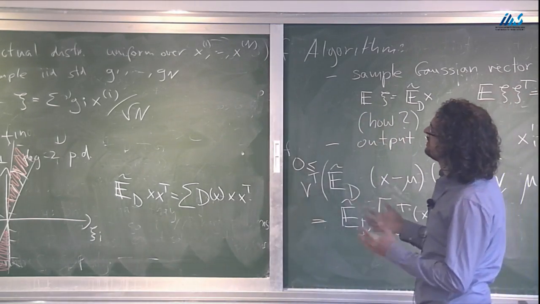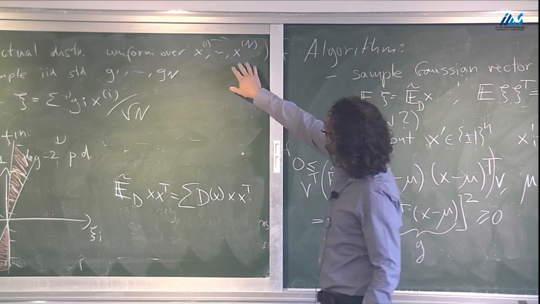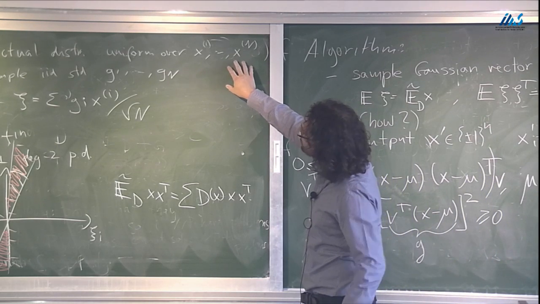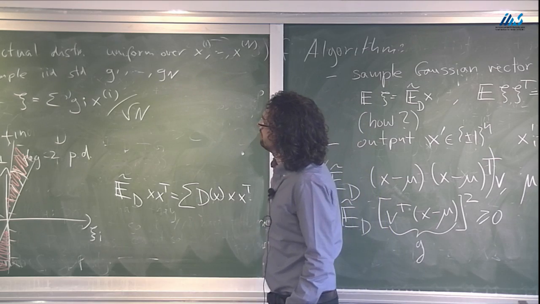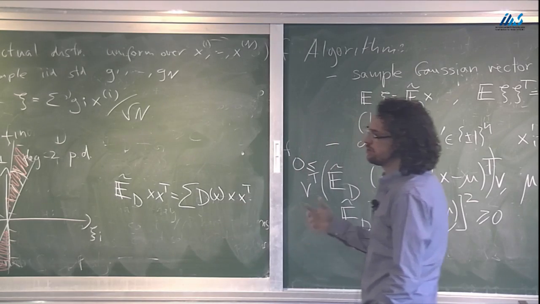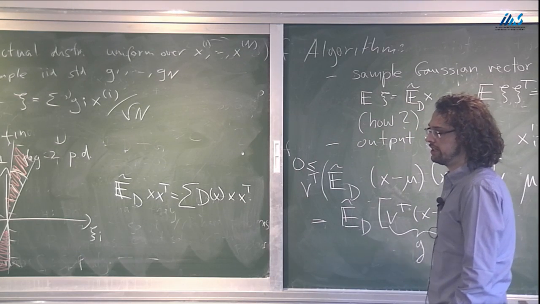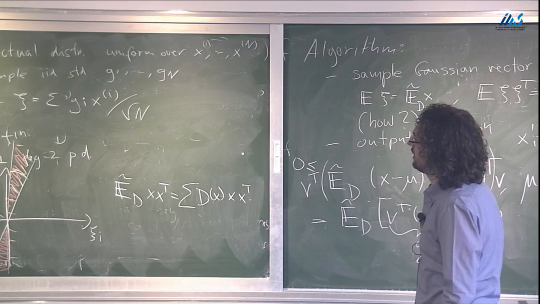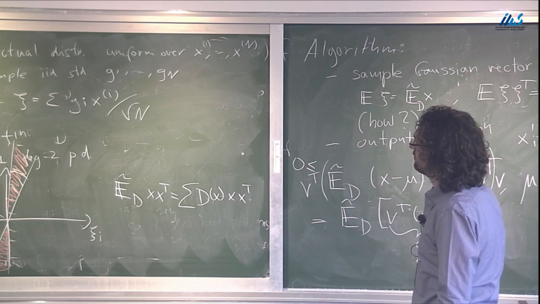And so the question is, could there be other ways of combining these solutions that result in better guarantees, using just low degree moments?